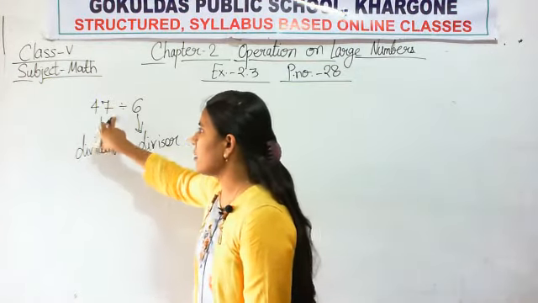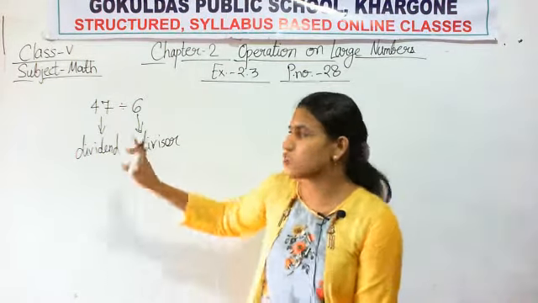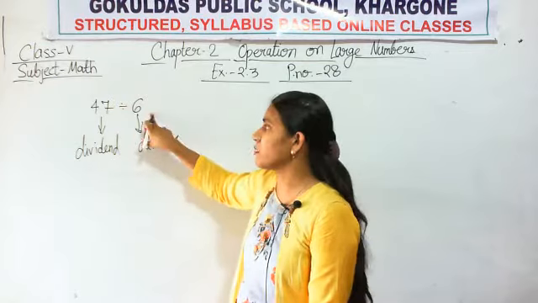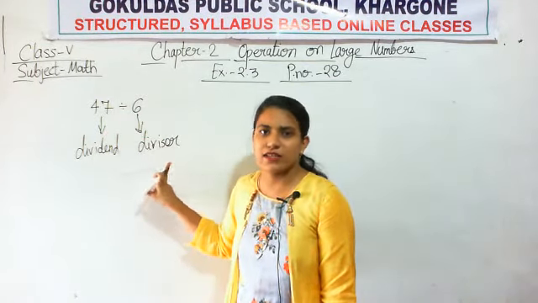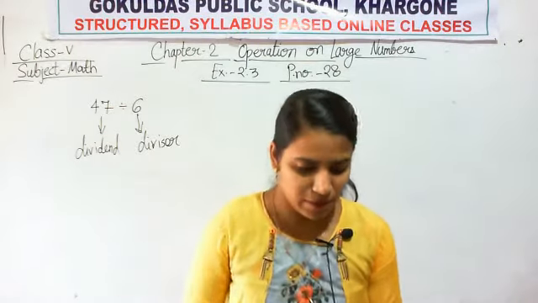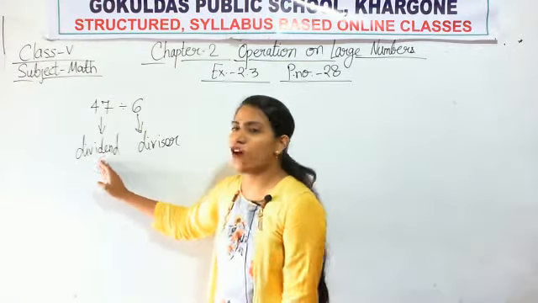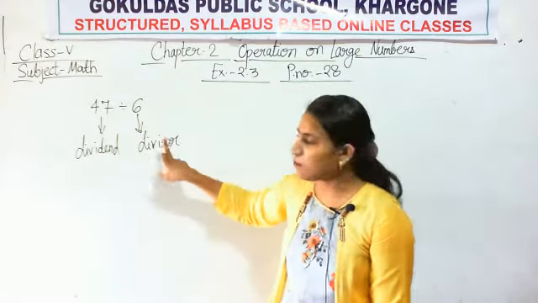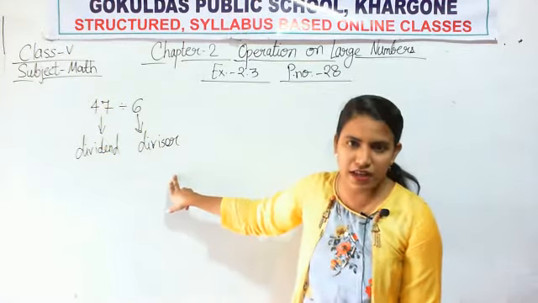The first number, which you are going to break into groups, is the dividend, and the number by which you are dividing it is the divisor. The number to be divided is the dividend; the number which divides the dividend is the divisor.